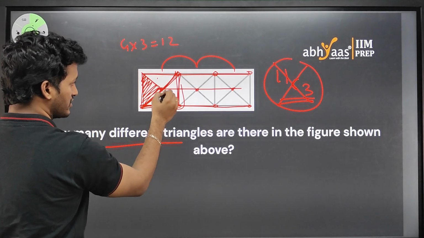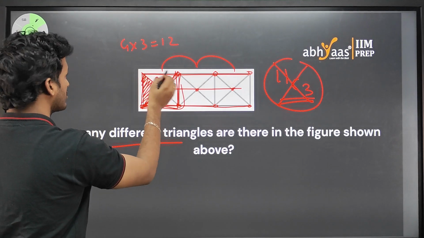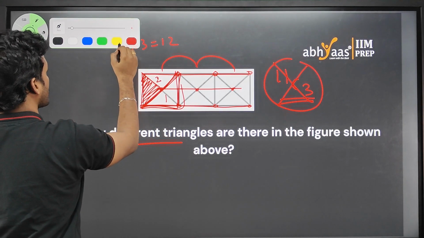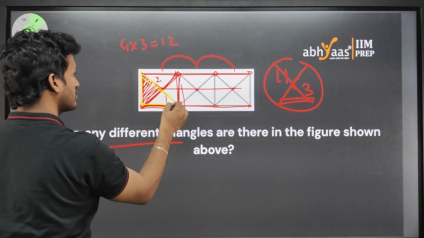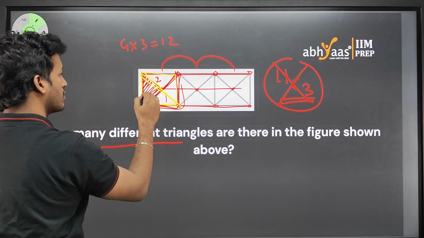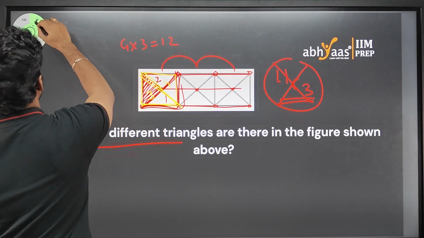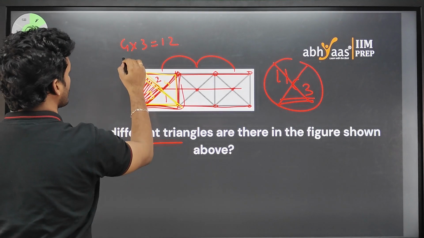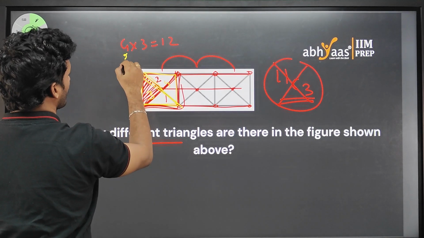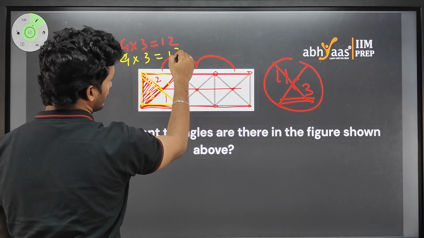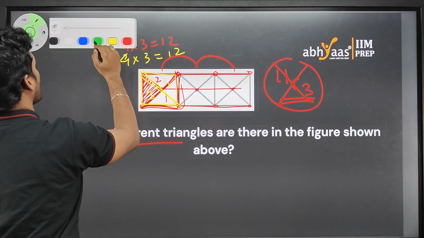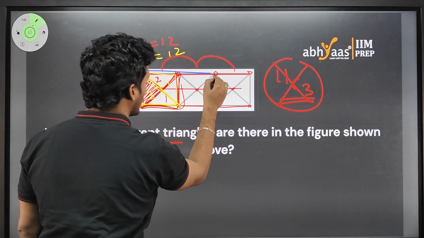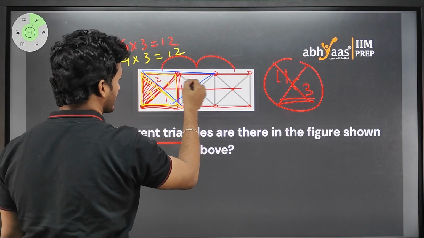This one is 1, this is 2, and the other way 1 and 2, that means 3 and 4. So 4 into 3, another 12. Along with that, we have another triangle arrangement like this.